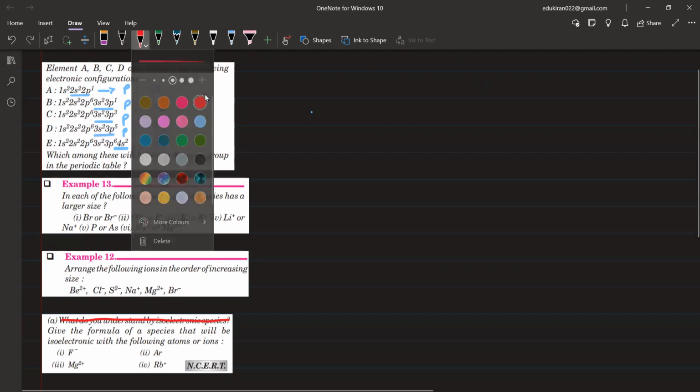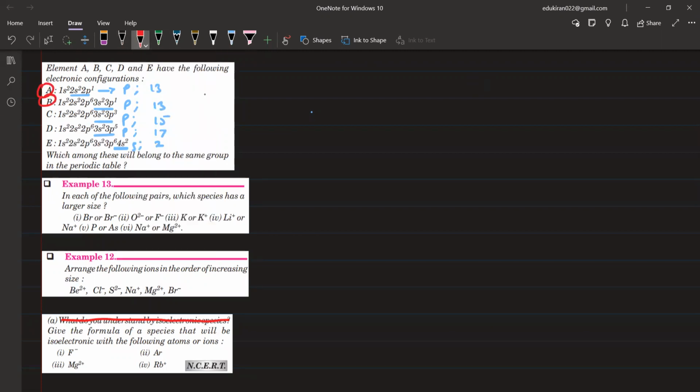Now, here we can say that A and B, they both lie on the same group. In each of the following pairs, which species has a larger size, Br or Br negative? So obviously, Fatima, you did this one wrong. Fatima, what is the order? You got it? No, you did not get it.